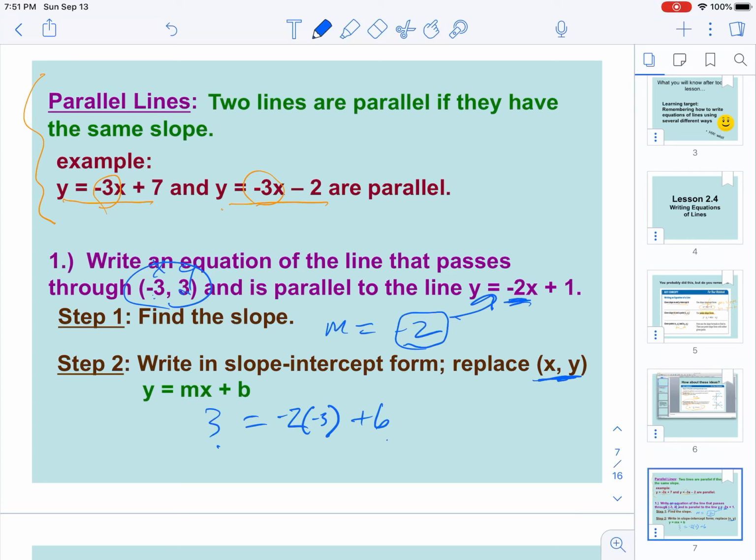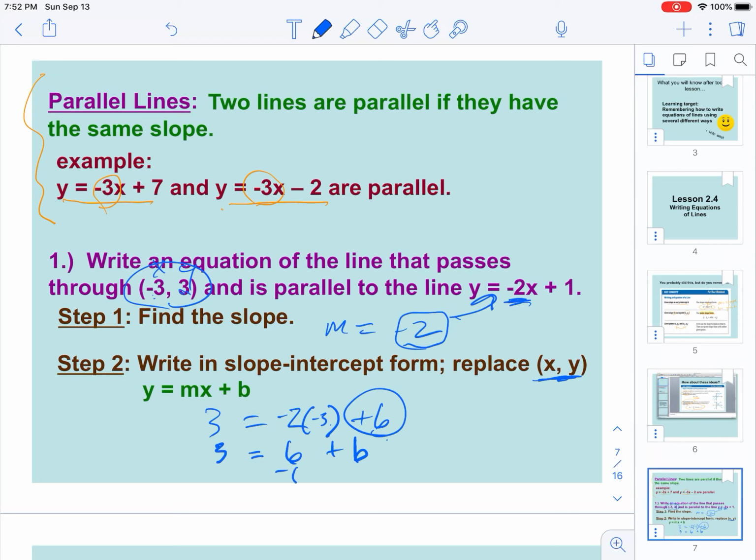So I'm just going to solve it for this value over here, b. That looked like a 6 earlier. I'm sorry if I misidentified that. So 3 equals -2 times -3, which is a +6, plus b.